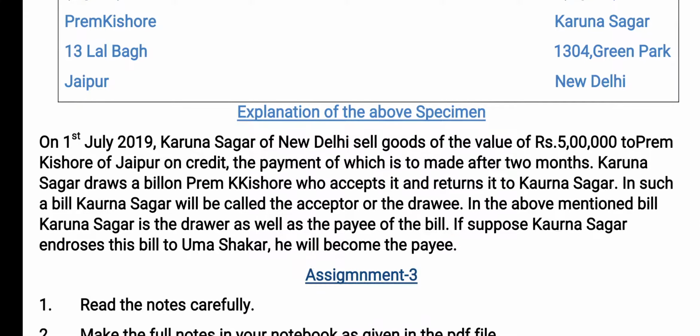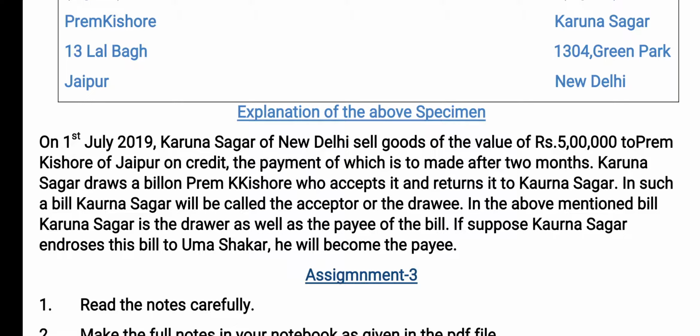That is, I mentioned earlier that on 1st of July 2019, the date that has been given, Karuna Sagar of New Delhi is selling goods to Prem Kishore of Jaipur on credit, and the amount is also mentioned. As we discussed in the features, a definite time period is given, and the names of two persons, the acceptor and the seller.